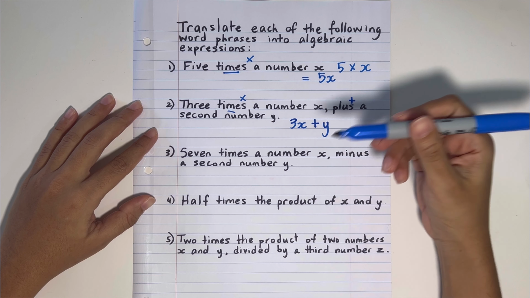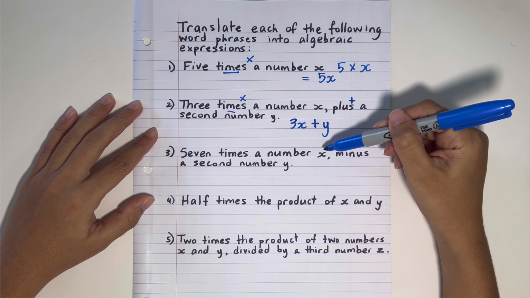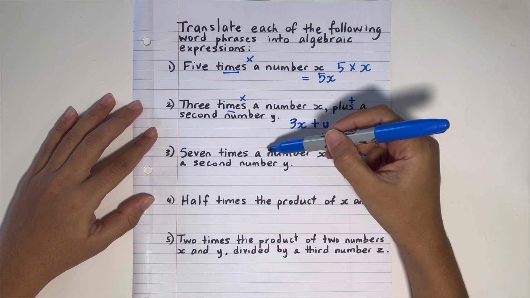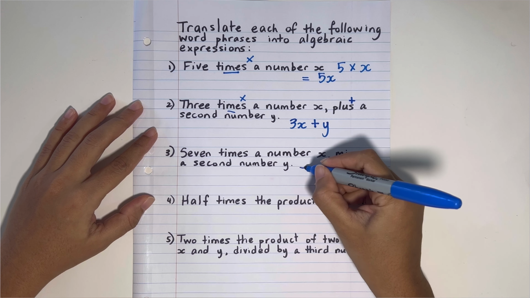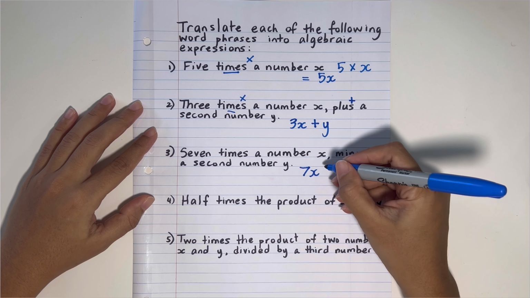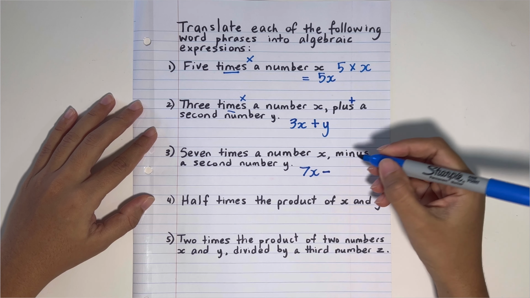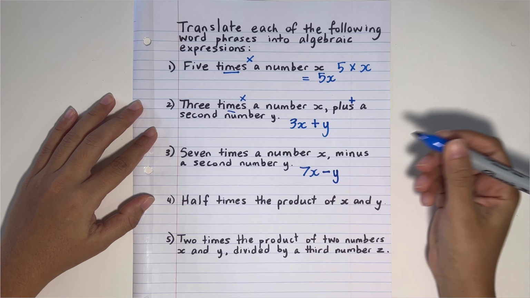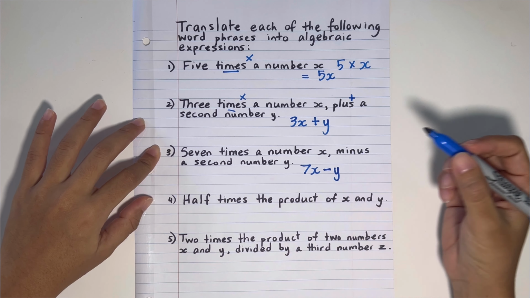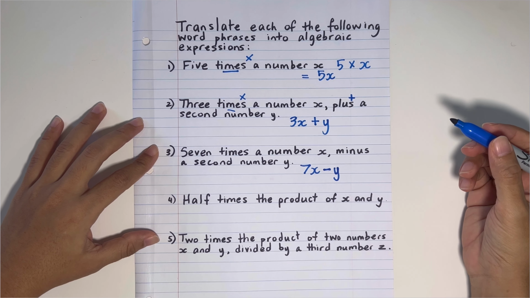The third one, 7 times a number x minus a second number y. Well, 7 times a number x would be 7x, and minus a second number y. Well, minus means to take away the second number y, right? And number 4, half times the product of x and y.